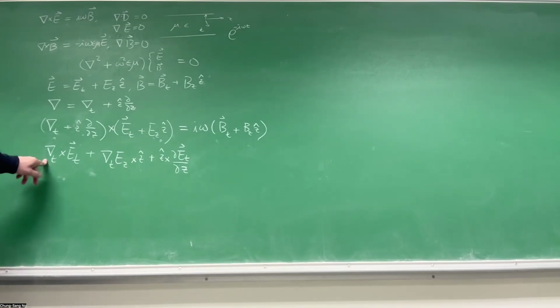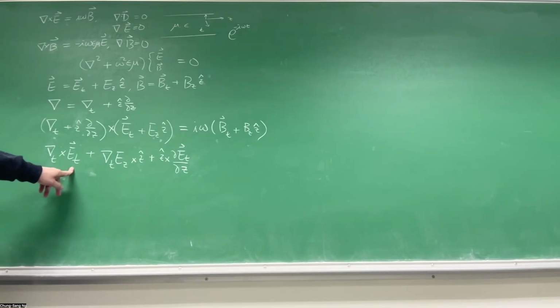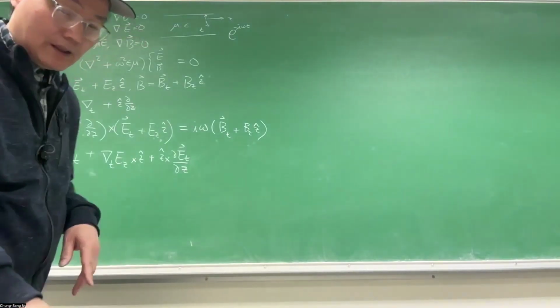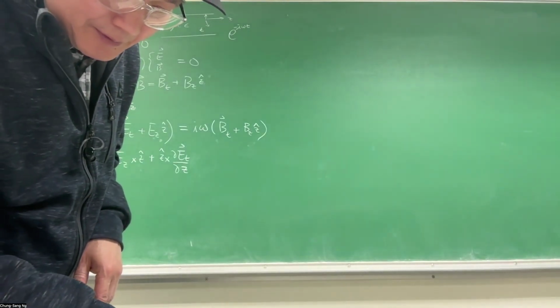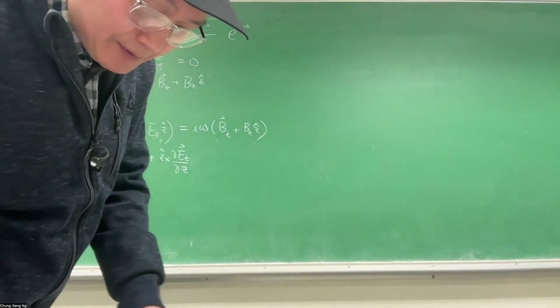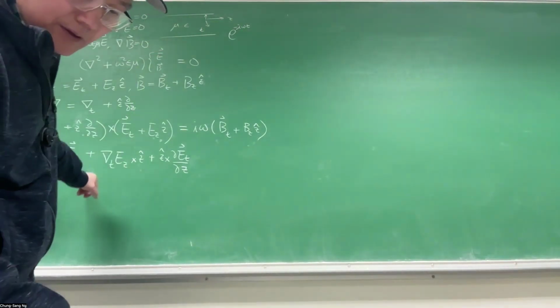Just the x and y component, and E_t also only has the x and y component. So this crossed with that will only involve the z component. So this one will go into here, right? That is grad t E_z.